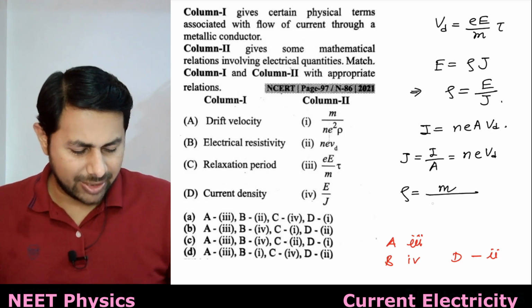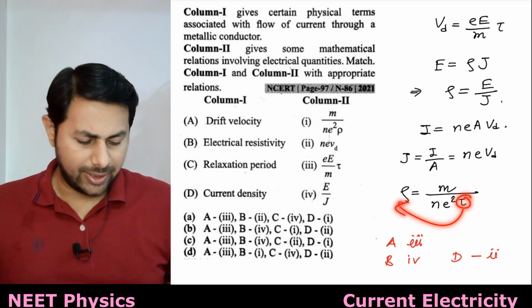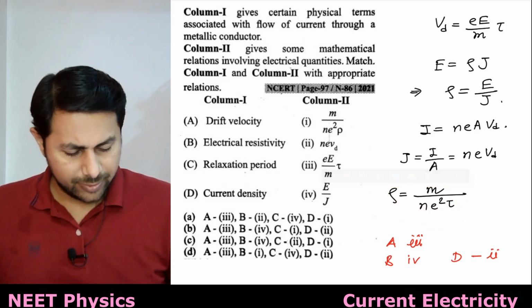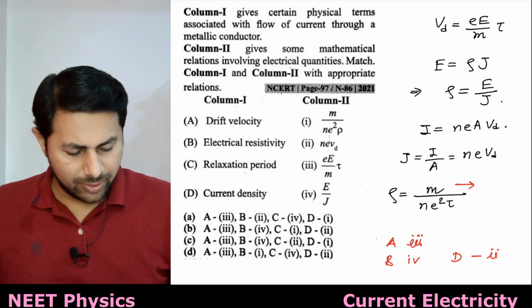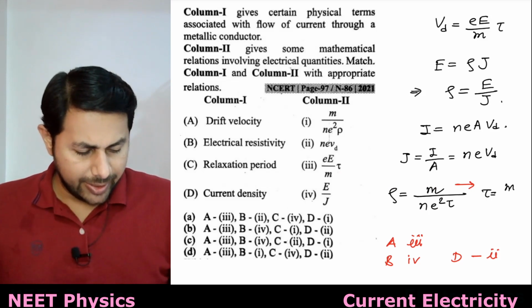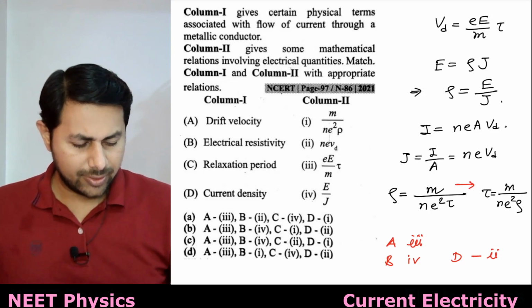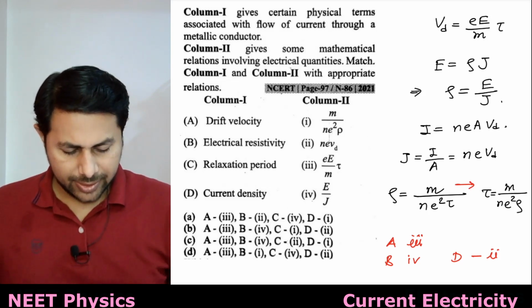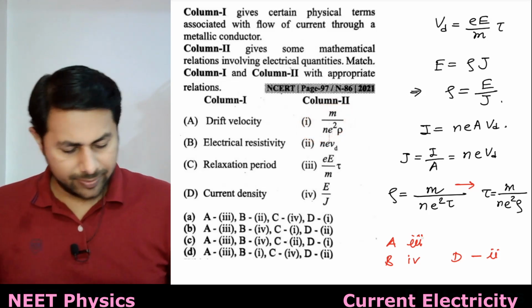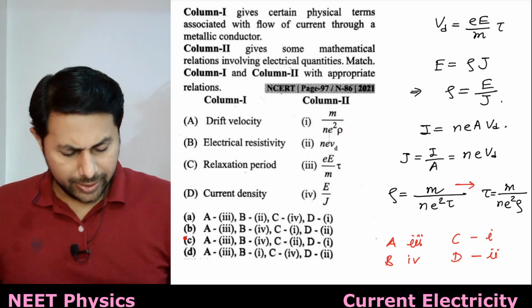Rho is m divided by N e square tau, and you want tau, so move tau to this side and rho to that side. This implies that tau is equal to m divided by N e square rho, right? So that's correct. So C matches with 1. That's why it is option B.